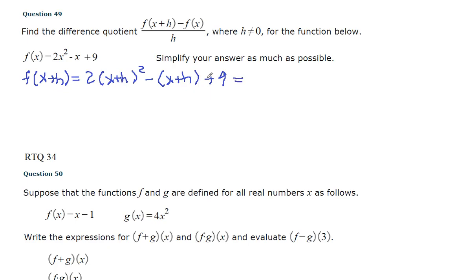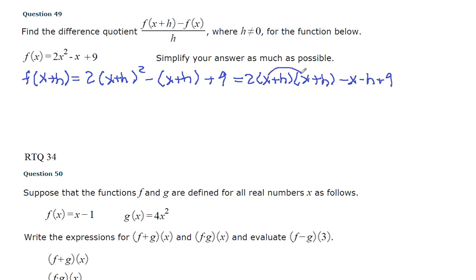So x plus h squared, that's going to be x plus h times x plus h. And then minus, we could distribute that minus sign here, minus x minus h plus 9.